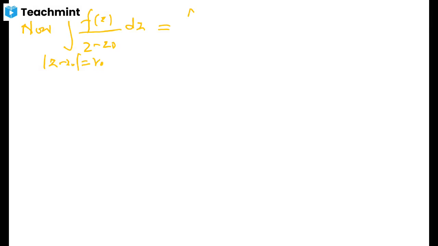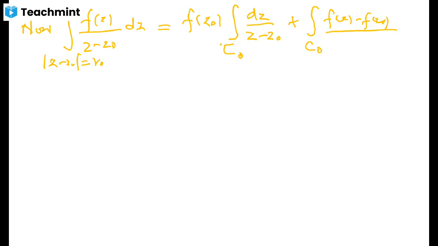Then I can write it as f(z naught) times the integral over C naught of dz upon z minus z naught, plus the integral over C naught of f(z) minus f(z naught) upon z minus z naught dz. What I did is just add f(z naught) and subtract f(z naught) from f(z), and then I got this expression.